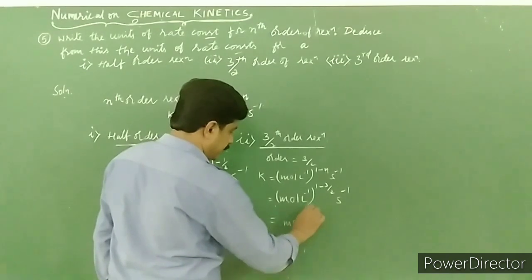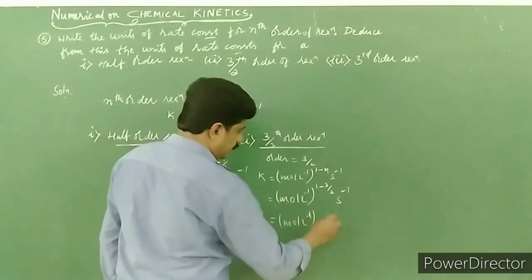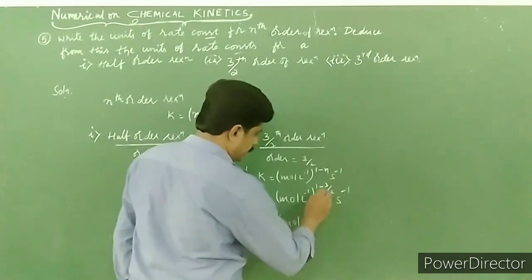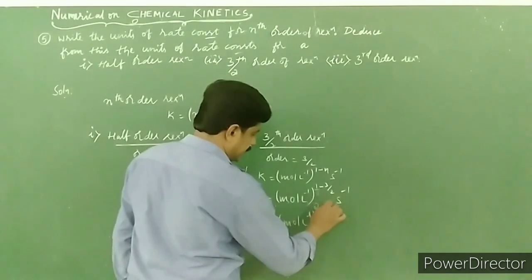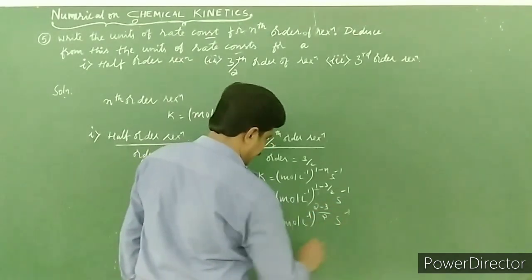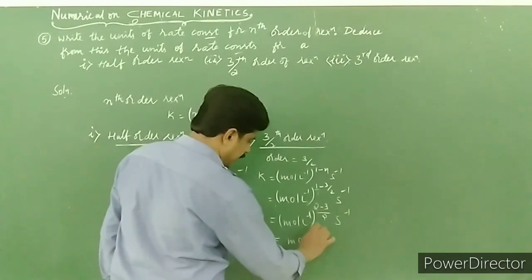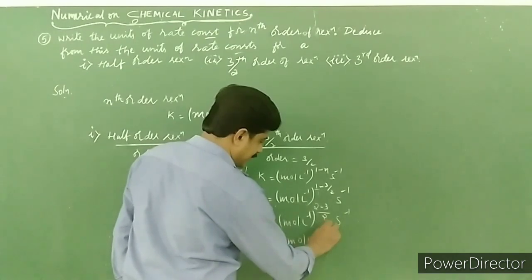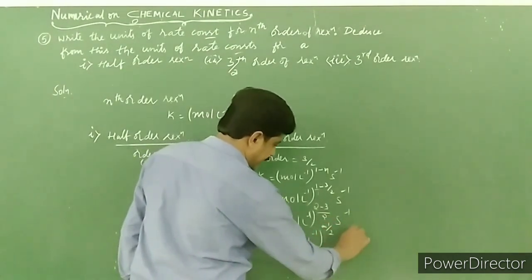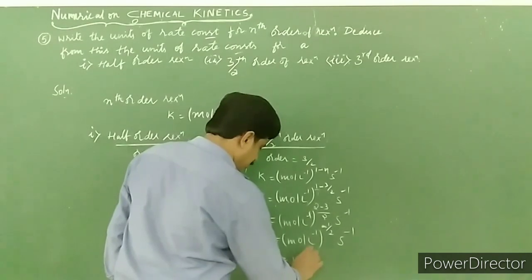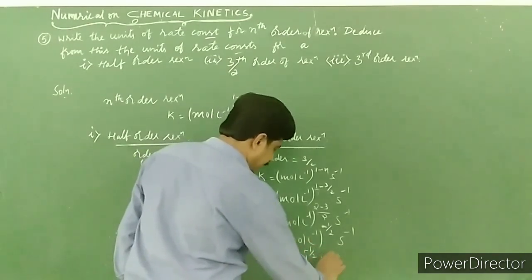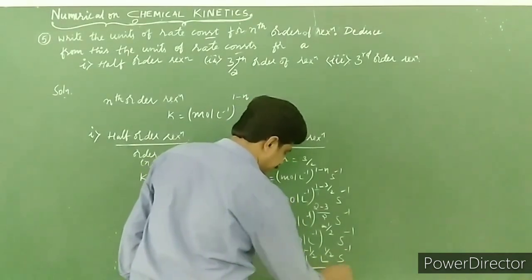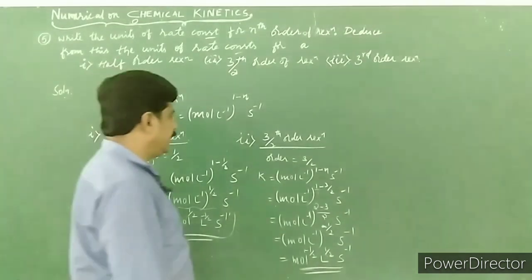So mole per liter, so it will be 2, I'll take it as 1, 2 minus 3 by 2 per second. That is equal to mole per liter raised to, children, this will be minus 1 by 2 per second. So mole to the minus 1 by 2, liter to the 1 by 2 per second. Hope you're following.